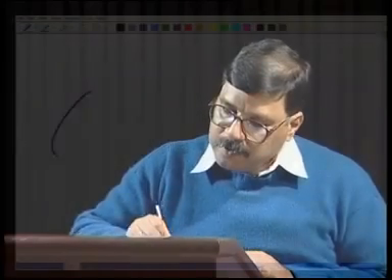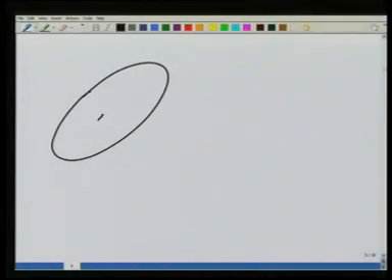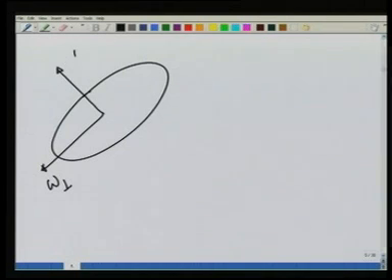Let us now see the relationship between omega, L and the spin axis. If this is the disk, at some instant let this be omega perpendicular and let this be omega spin, so that the net omega is something like this.